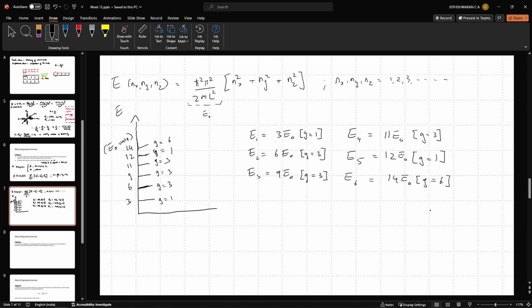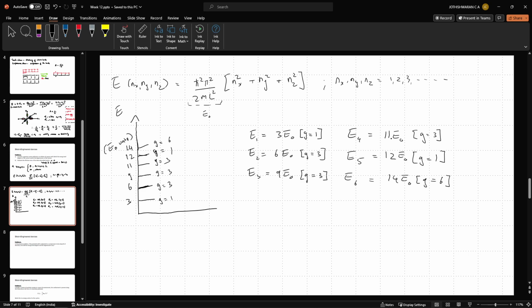So now these are the energy levels and their corresponding degeneracies. As you can see, even here, nx equal to ny equal to nz equal to 2 actually has higher energy than one of them.